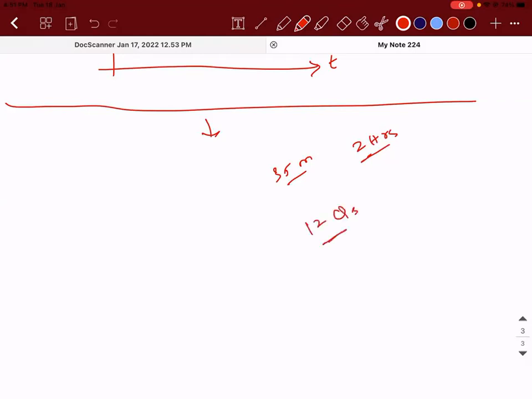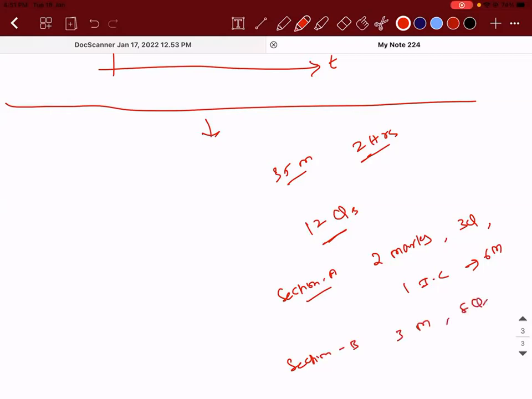So you have 12 questions. Section A comprises 2 marks questions. This time you don't have 1 mark. In these 2 marks, you have 3 questions and 1 internal choice available. This puts together 6 marks. Similarly, in section B, you have 3 marks and 8 questions in it with 2 internal choices.